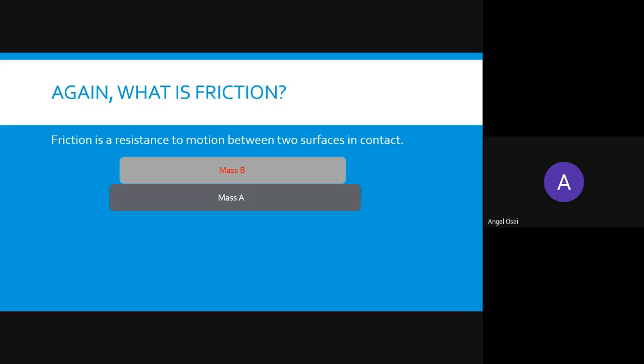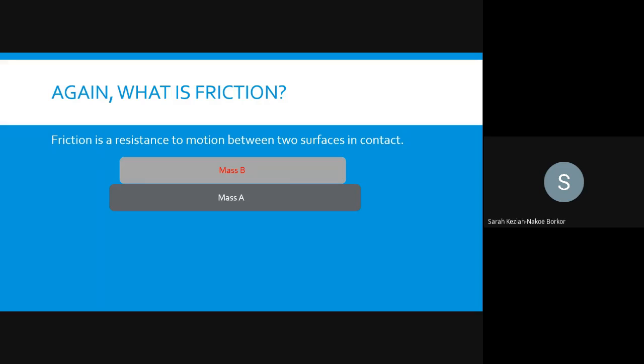Where is the weight acting? Vertically downwards. Normal reaction, where is it acting? Upwards. So which force is actually sliding this body along the surface? Is there any force? No force. So no friction.